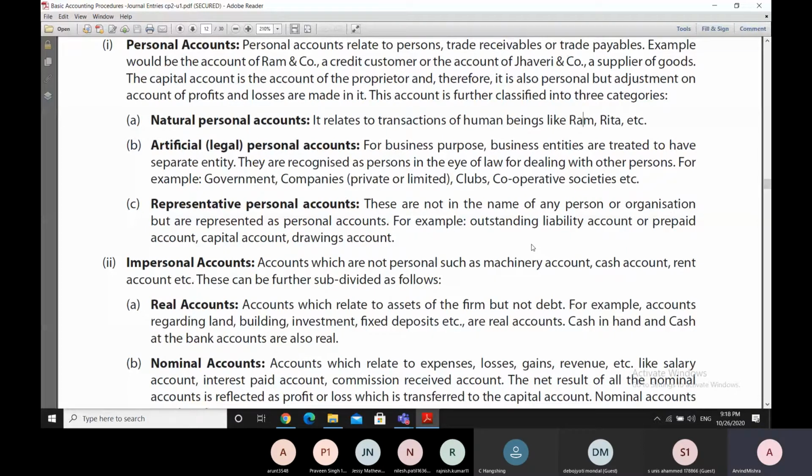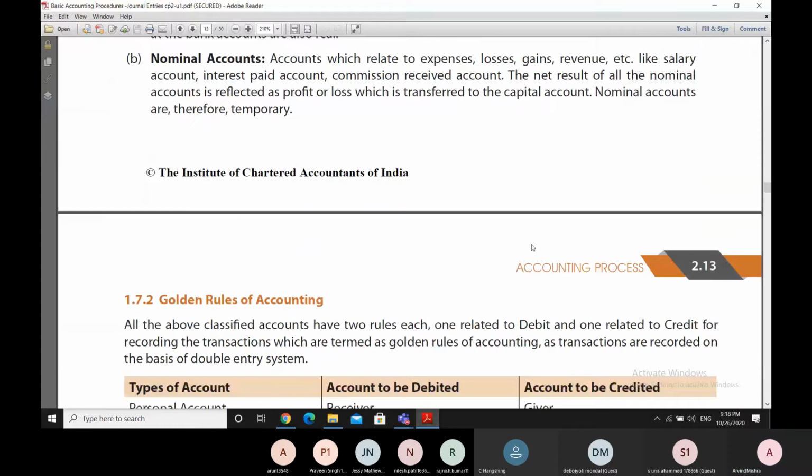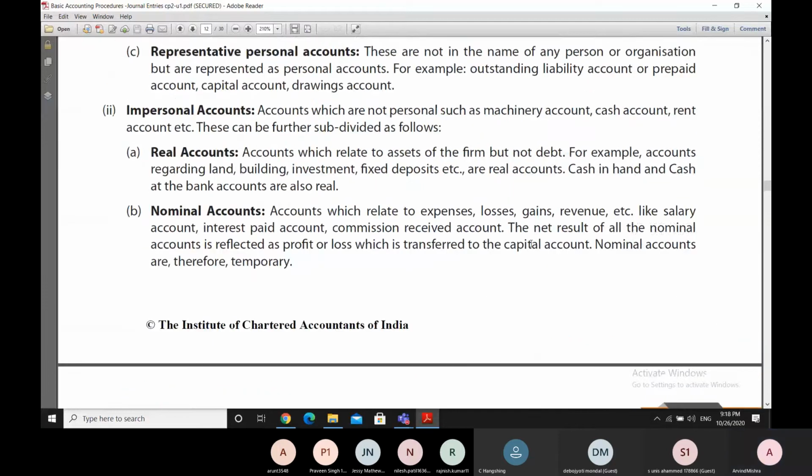Therefore, they can be subdivided also into real and nominal accounts. So impersonal accounts can be divided into two parts. One is real accounts, the other is nominal accounts. Real accounts means accounts which relate to assets, but they don't relate to debt.